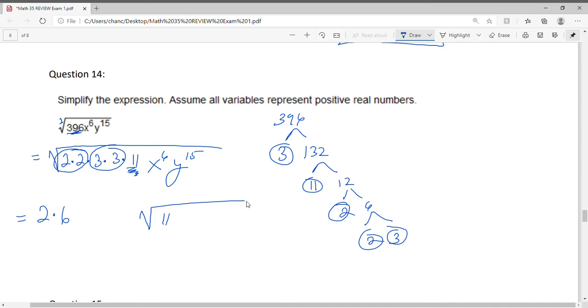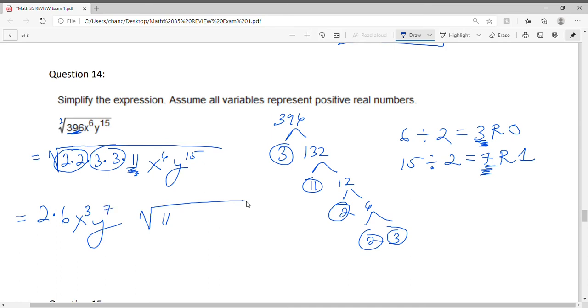Now I'm going to take the 6 and the 15 and divide them by 2. 6 divided by 2 is 3, remainder 0. 15 divided by 2 is 7, remainder 1. And so I know there's x cubed in the front because of this 3, y to the 7th because of that 7, and what's left inside is 1y.